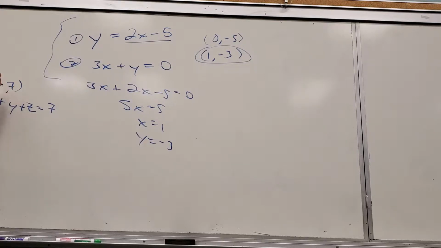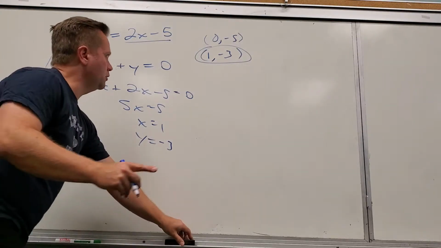Or 3, 4, 0. Or 1, 1, 5. Anything that makes 7 at the end, right? Anyway, that's in our future. So then I have to get 2 more equations so I can figure out which one of these. There's an infinite number.